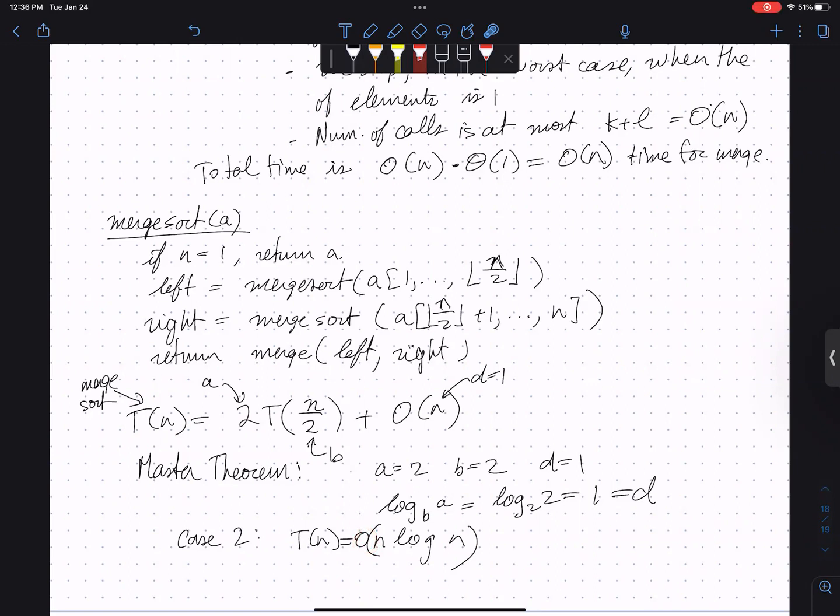Big O and big theta are not functions. These are categories. So when we say T of n is big O of n log n, we're saying that the number of steps taken by the algorithm is at most asymptotically proportional to n log n. That's what big O is. It says that asymptotically it is at most n log n.